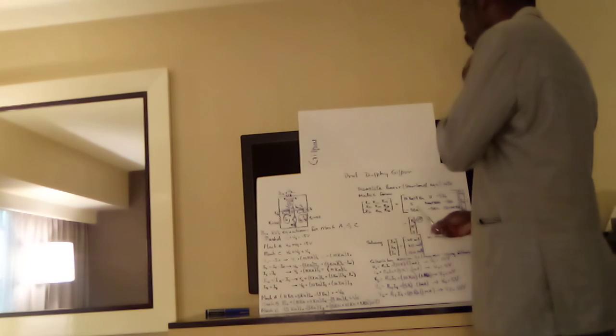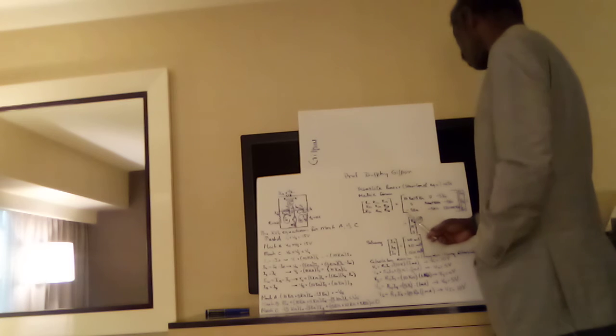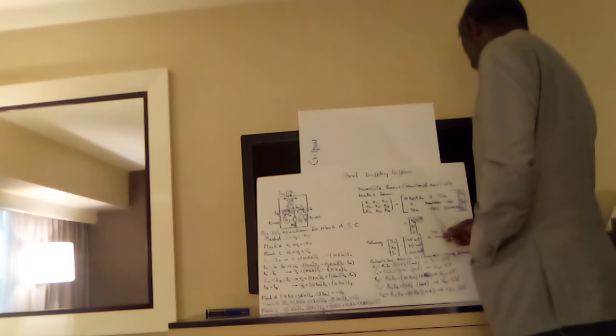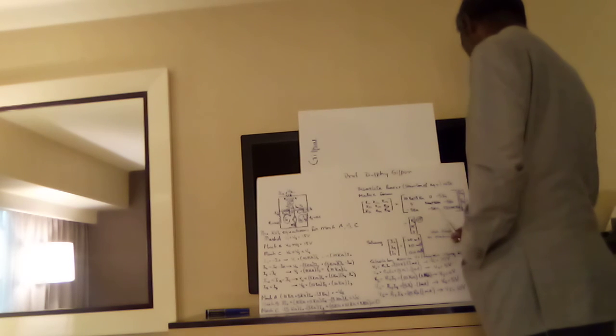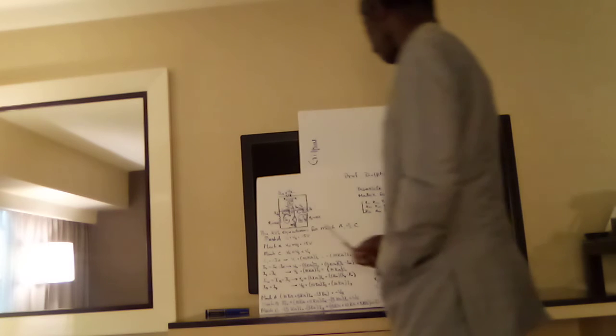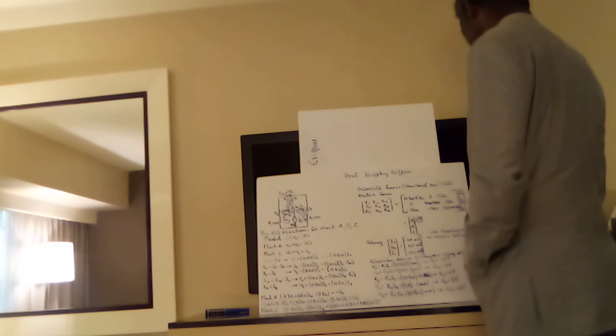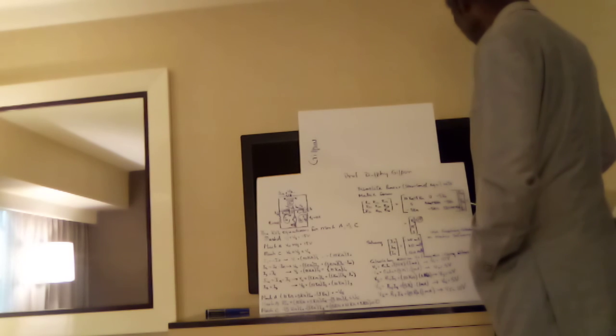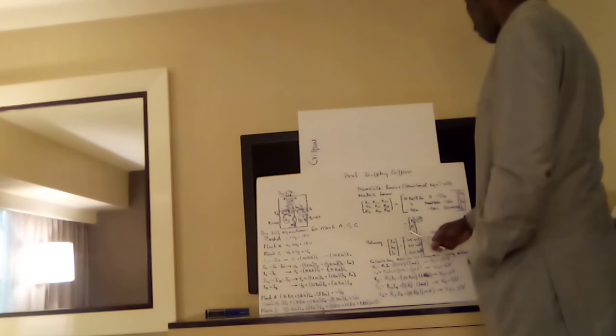So we're putting in the elements, rows and columns, and R31 would be equal to minus 5 kilo ohms, R32 equal to minus 5 kilo ohms, and R33, 3 and 3, will be equal to 5 kilo ohms plus 10 kilo ohms plus 5 kilo ohms, and that's equal to 20. And this will be times IA, IB, and IC, and that will be equal to minus 15 volts, 15 volts, and 0.